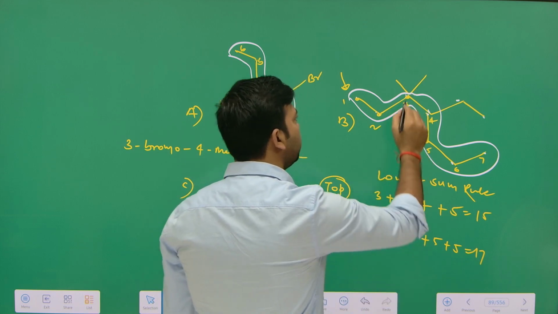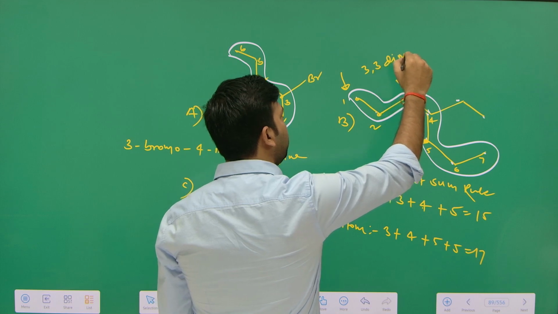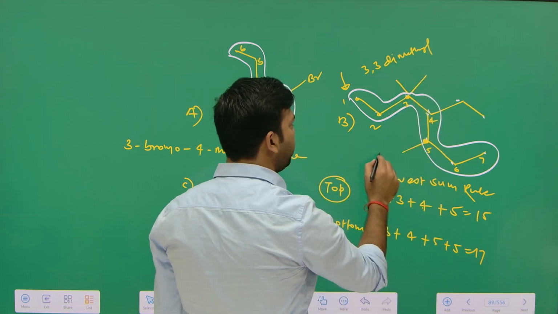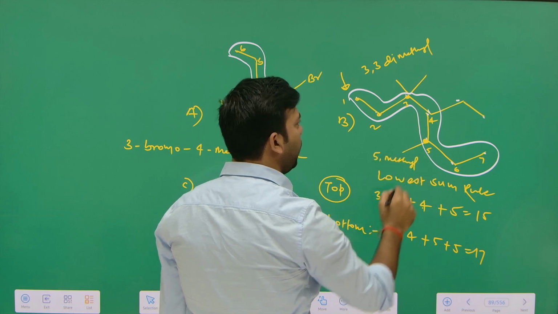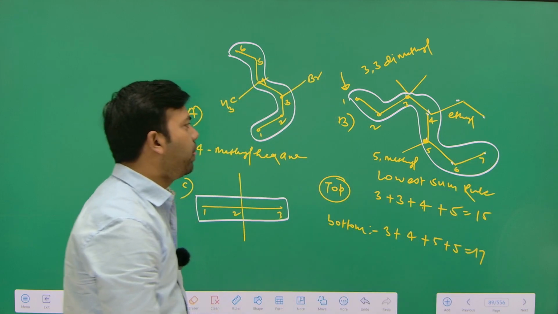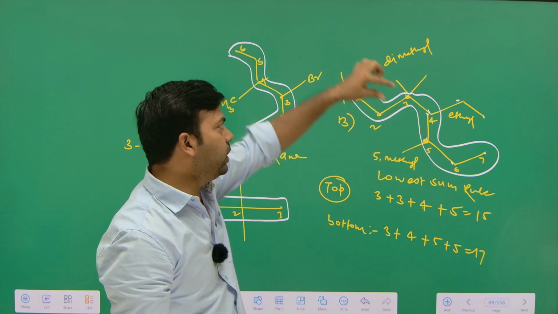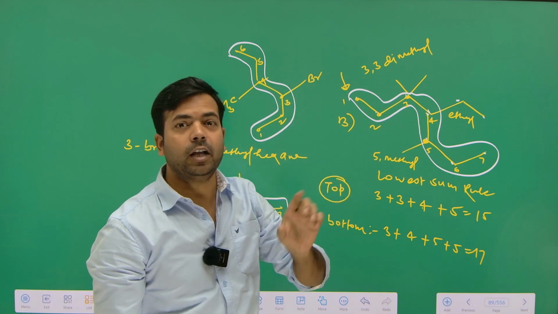In the B, we have 3, 4 and 5. So look here, 3,3-dimethyl, this is 3,3-dimethyl, and this is also 5-methyl, 5-methyl, and this is ethyl, this is ethyl. So look here, whenever you have di, tri, tetra, listen, do not consider them in alphabetical order.